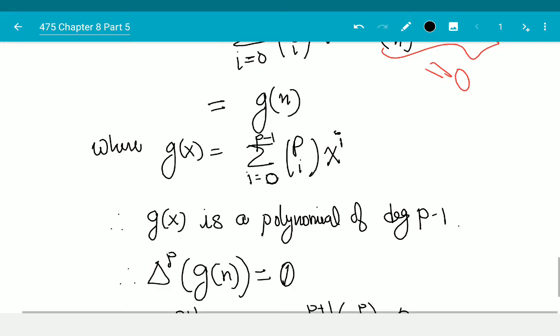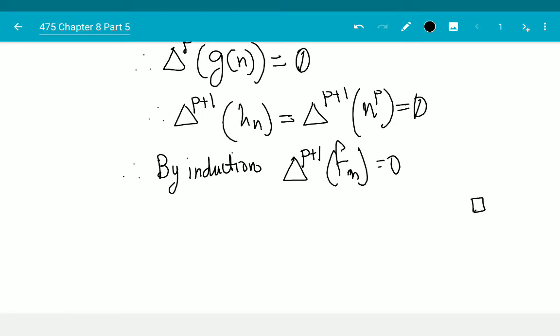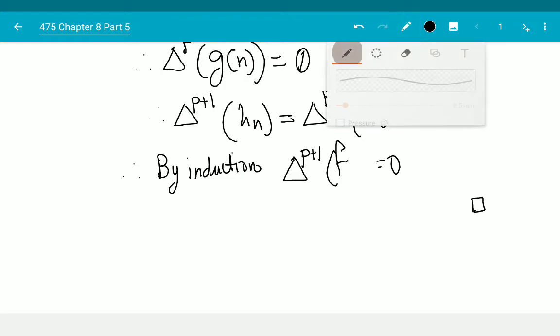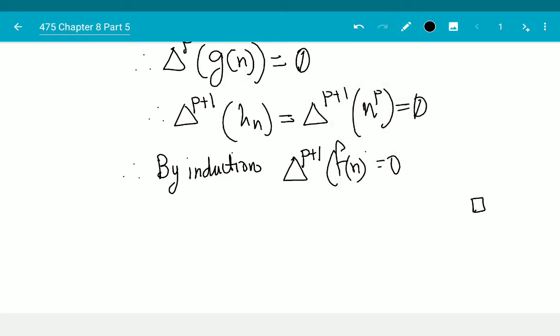Oops, f of n is equal to 0. Okay, so this shows that if I have a certain sequence and it is given by a polynomial of degree p, then after taking the difference p plus 1 times, it is going to be 0.